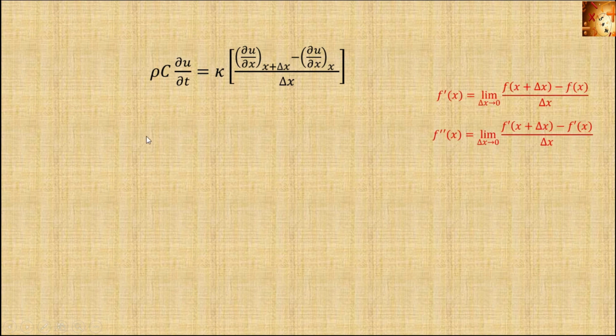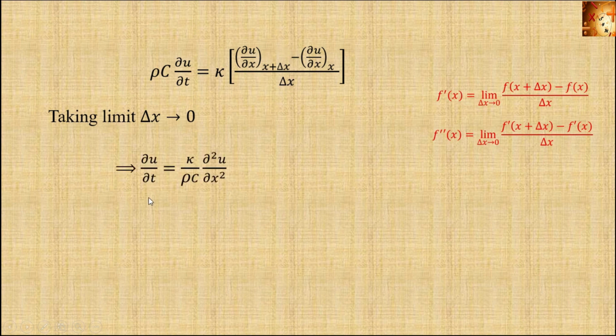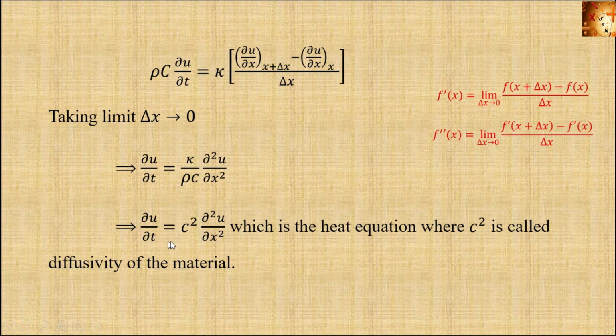Then taking the limit as delta x tends to 0, this becomes ∂u/∂t = (K/δC) ∂²u/∂x². And put K/δC as c², which is a positive quantity. Therefore, we have ∂u/∂t = c² ∂²u/∂x², where c² = K/δC is called the diffusivity of the material. This is the one-dimensional heat equation.